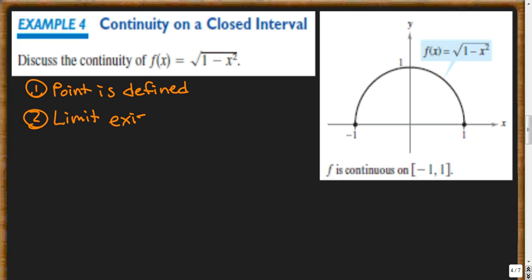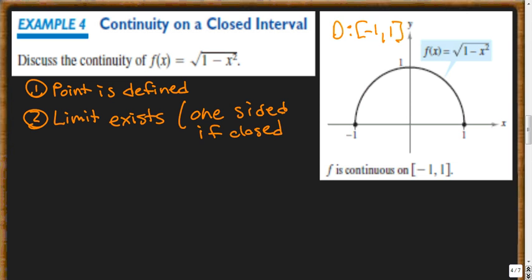Now, in the case of closed intervals, okay, so in the case where we do have some sort of closed interval, now this function only exists, the domain of this is only from -1 to 1, okay? So the limit exists. One-sided limits are okay if closed, right?